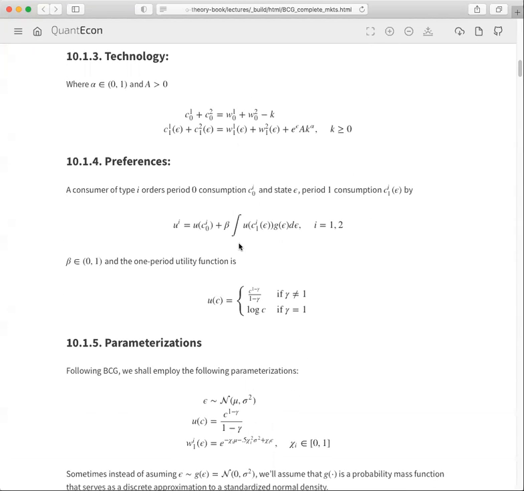Preferences. A person i is going to have some power utility function, a 1 period utility function. First period utility is this, and then plus beta times the expected utility from consumption in the second period 1. Both types are going to have the same preferences.